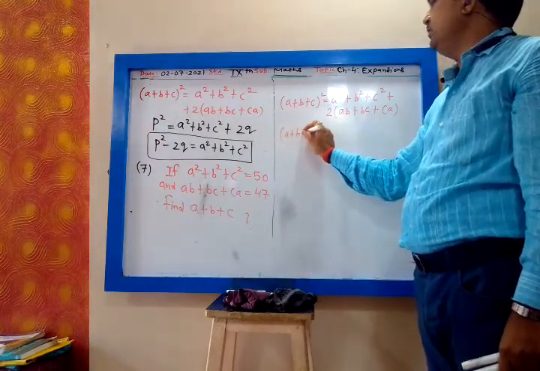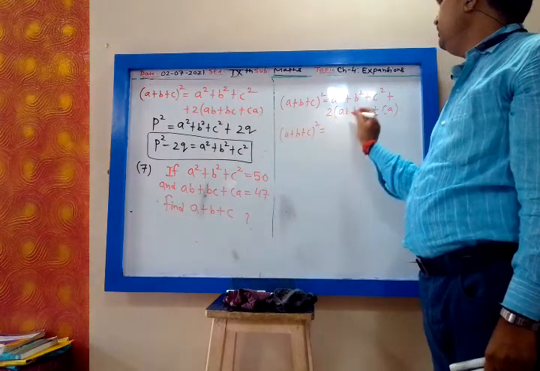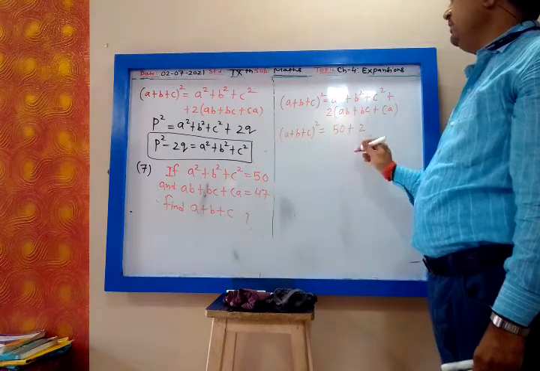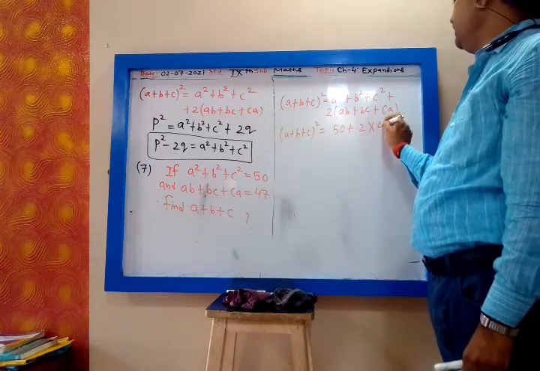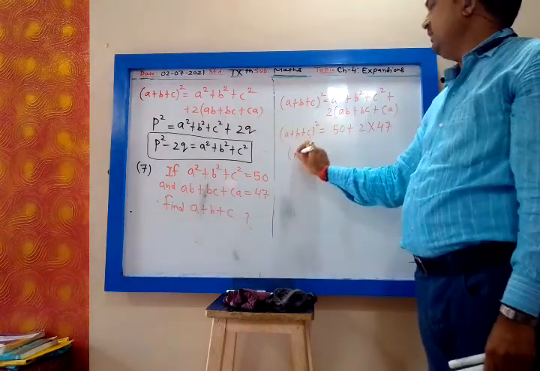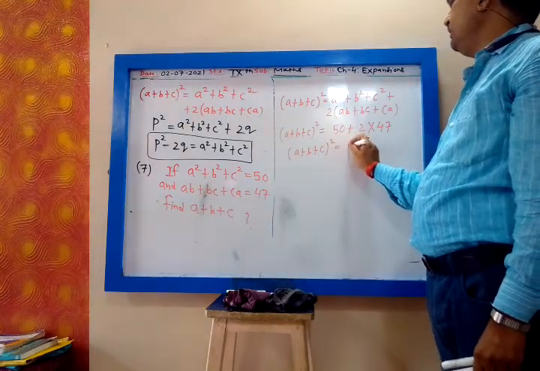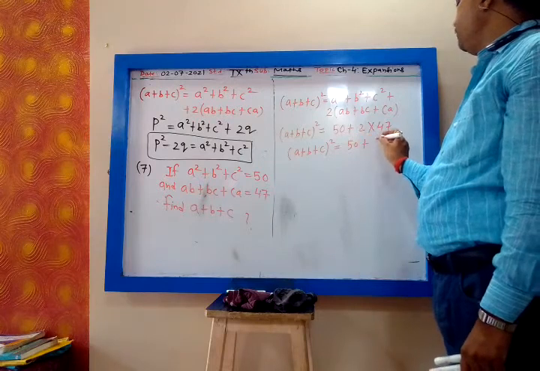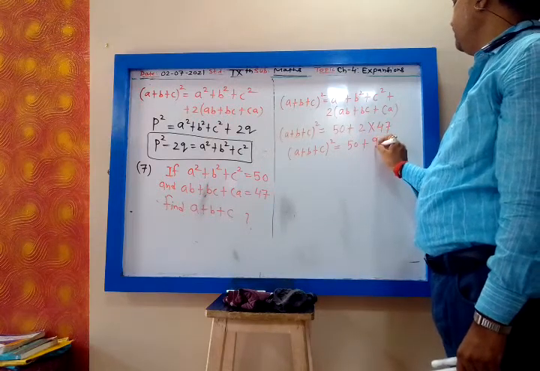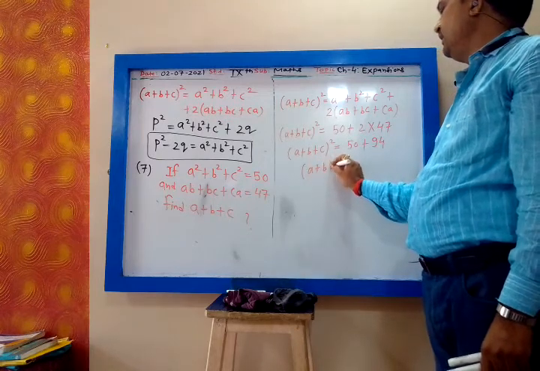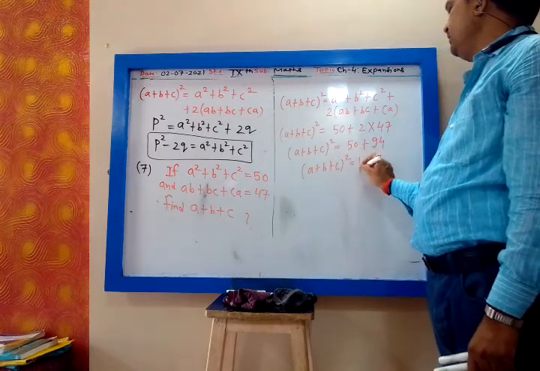A plus b plus c whole square is a square plus b square plus c square, which is 50, plus 2 times ab plus bc plus ca, which is 47, so 50 plus 94. So a plus b plus c whole square is equal to 144.